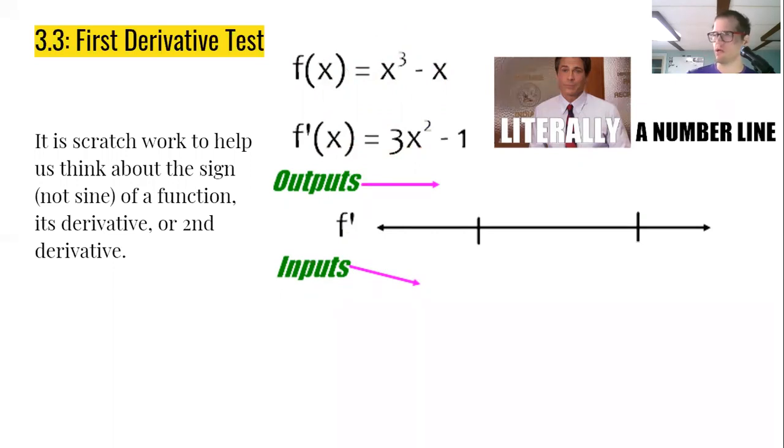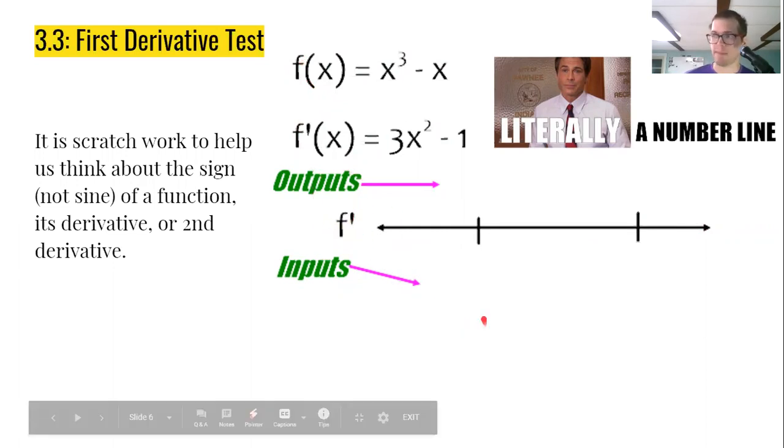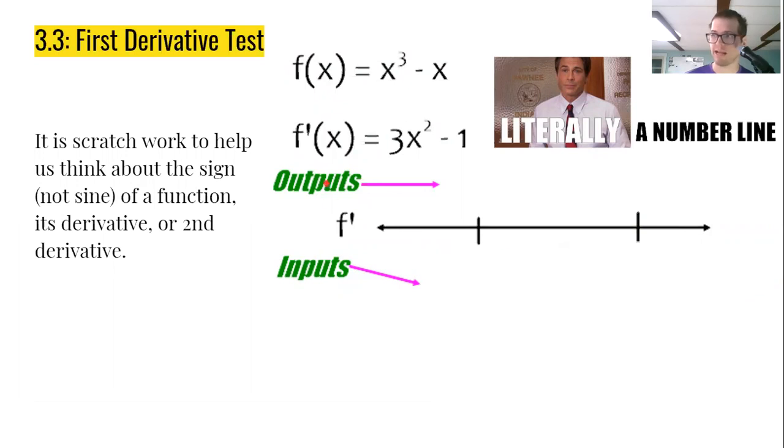I label the chart, draw my number line, and label it with what function I'm using. I could do f or f prime, because those are the only things I'm dealing with, but I particularly today want f prime. I'm going to put different inputs on the bottom and outputs on the top. The inputs, these vertical lines, represent times where the particular function I'm dealing with is either 0 or undefined.